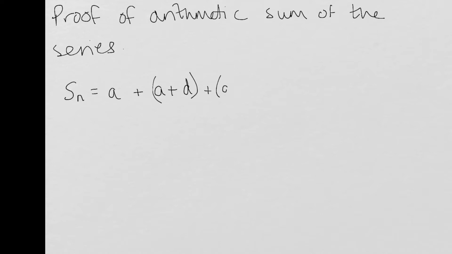Then we'd have the third term, which is the starting term with the two differences added. And if we continued with that, we would get to the first term plus n minus two differences, and the final term, which would be a plus n minus 1 differences.